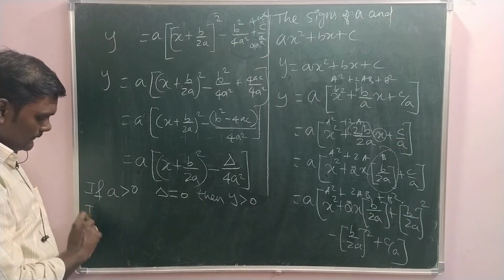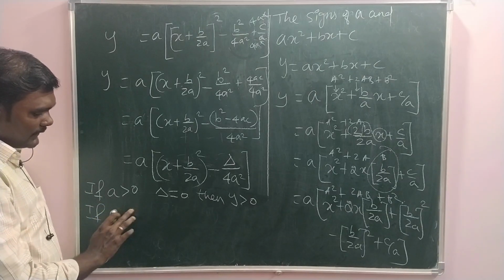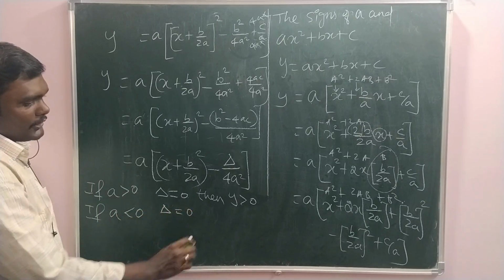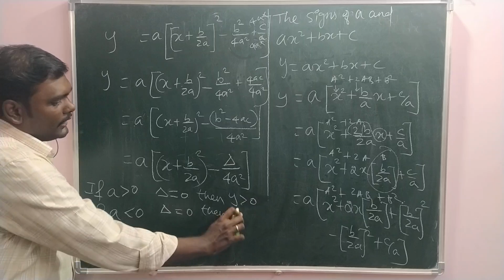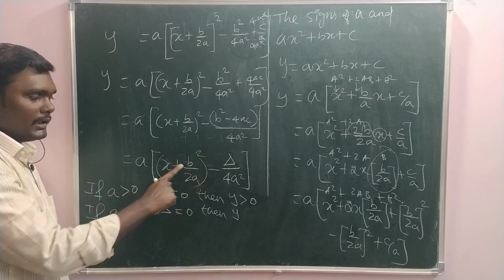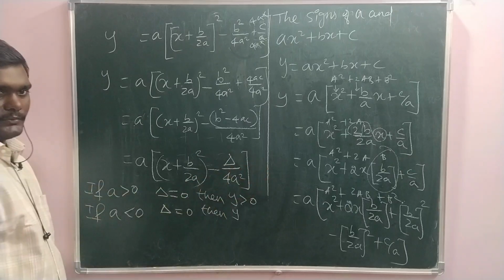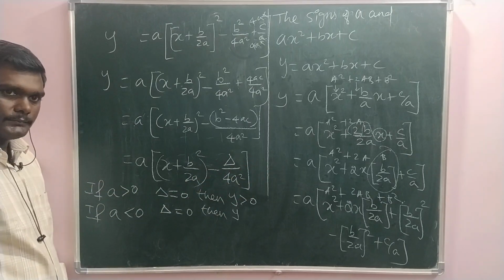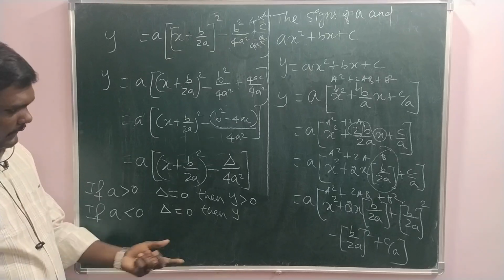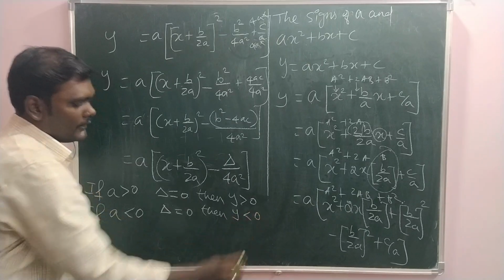And then if a is less than 0 and del is equal to 0, then y will be what? a is negative. Negative into some quantity, this is 0, this will vanish. Yes, y is also less than 0.